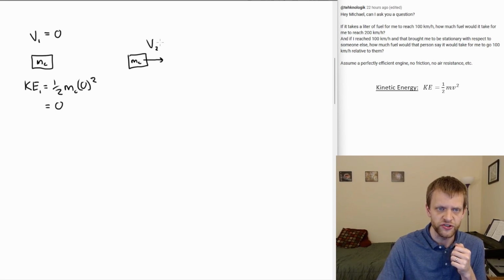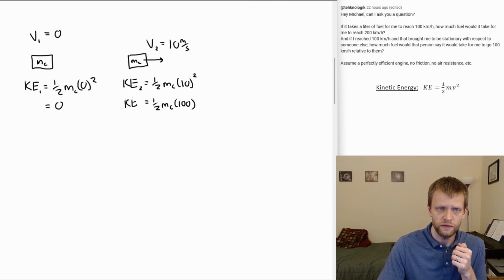So we'll call this V2 is 10 meters per second. And if I calculate the kinetic energy, we'll call this kinetic energy 2, that's going to be 1/2 times the mass of the car times 10 squared. So if I square 10, I get 100, so I'm just going to write this out as 1/2 times the mass of the car times 100.